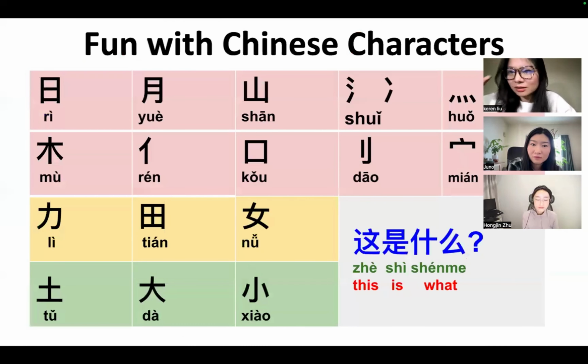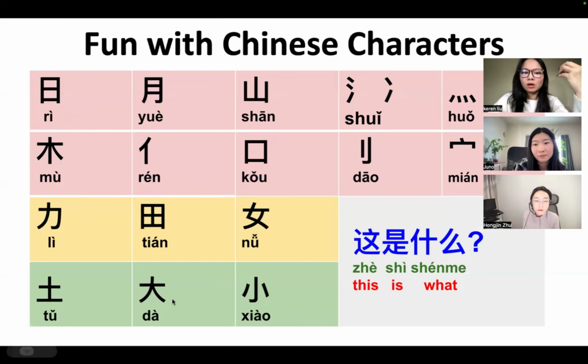And then the next class, I'm gonna start talking more about radicals. We're gonna review sun, moon, mountains, wood, human, mouth, all of these. And then I'm gonna tell them, actually, remember I said when some characters become radicals, sometimes they change the formation, sometimes they don't.